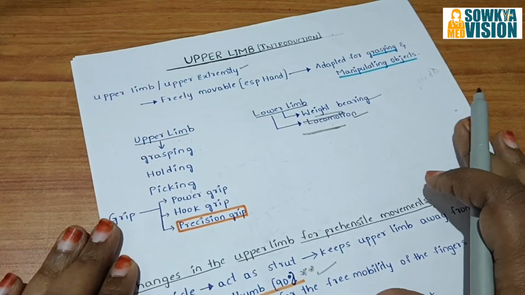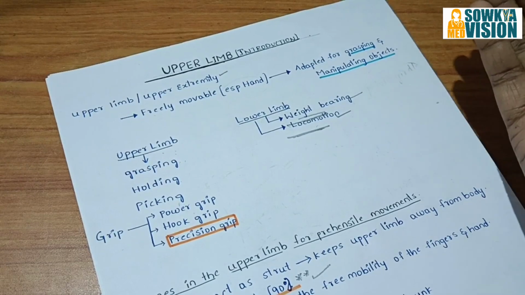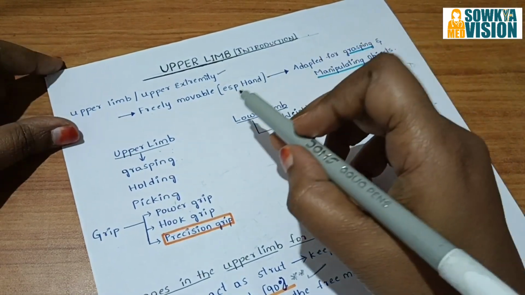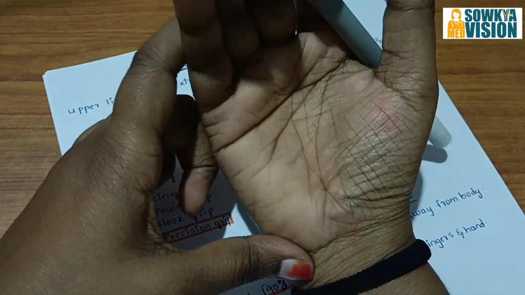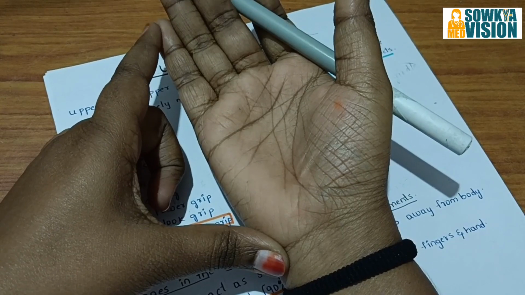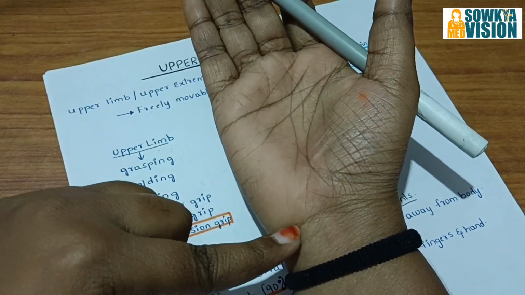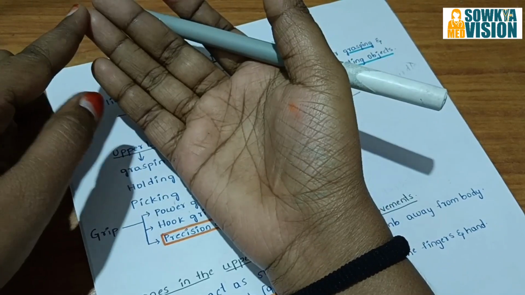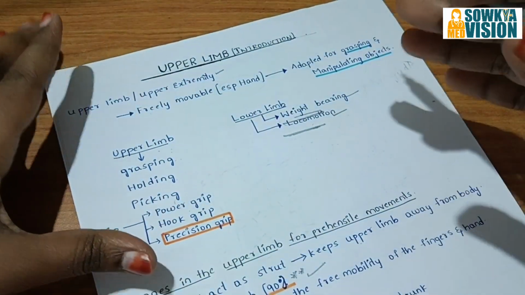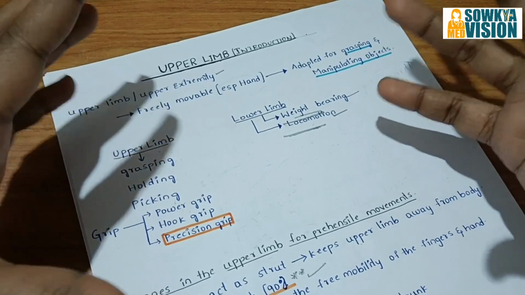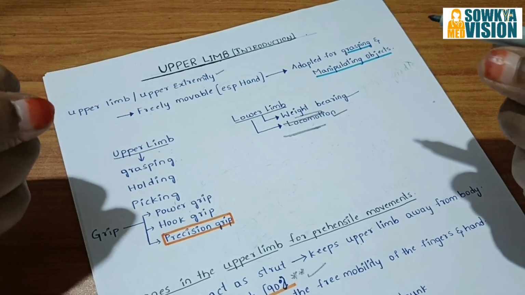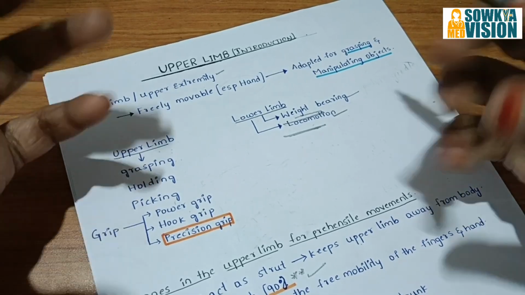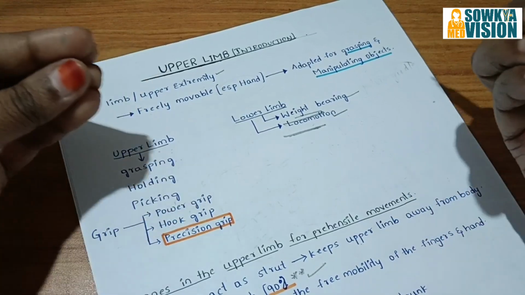The upper limb is also known as the upper extremity, which is freely movable, especially the part which is suspended. This is the hand, extending from the wrist to the tip of the fingers. It is easily movable and adapted for grasping, holding, picking objects and manual movements, fine prehensile movements.